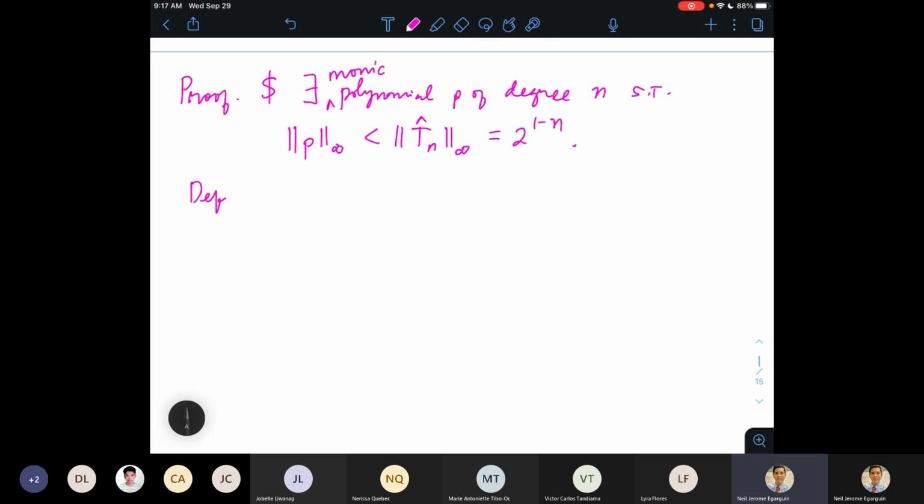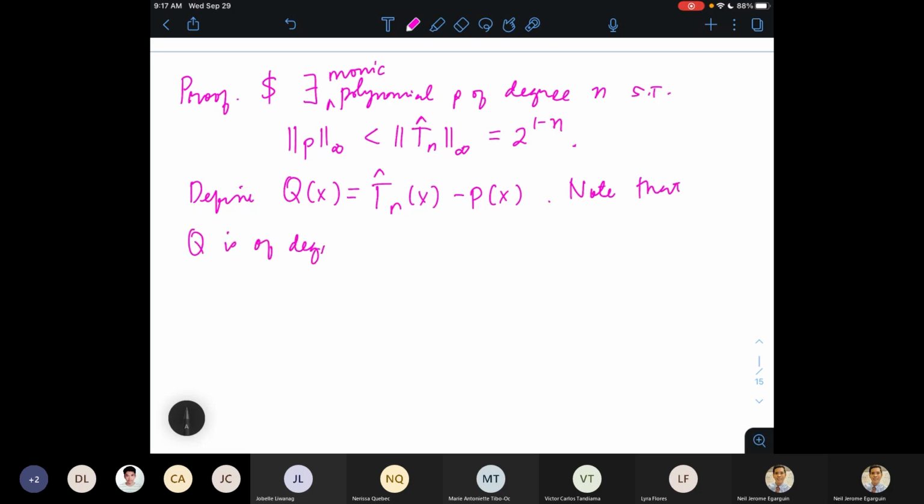Now, I will define a function q as T hat sub n of x minus p of x. Okay? Now, what can I say about the degree of q? Ano kaya yung degree of q? Okay, so what we know, alam natin si T hat sub n ay monic degree n, si p ay monic of degree n.